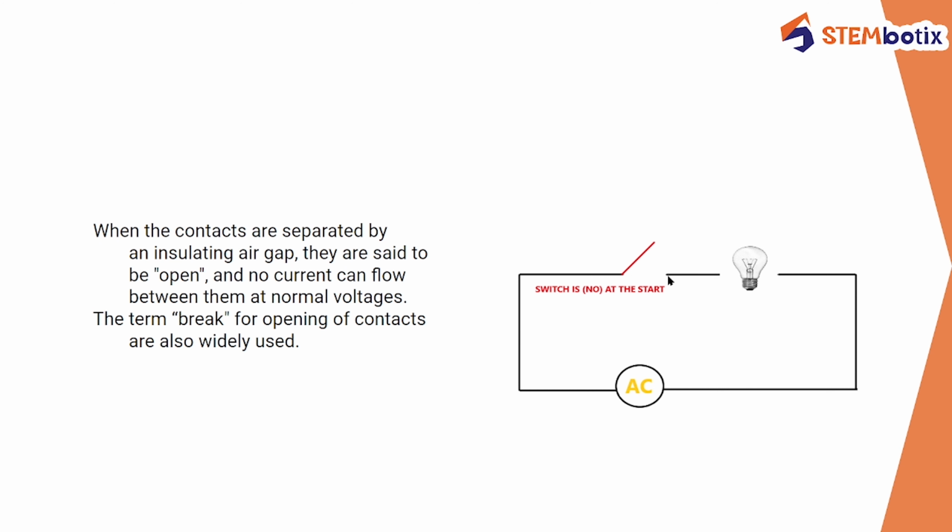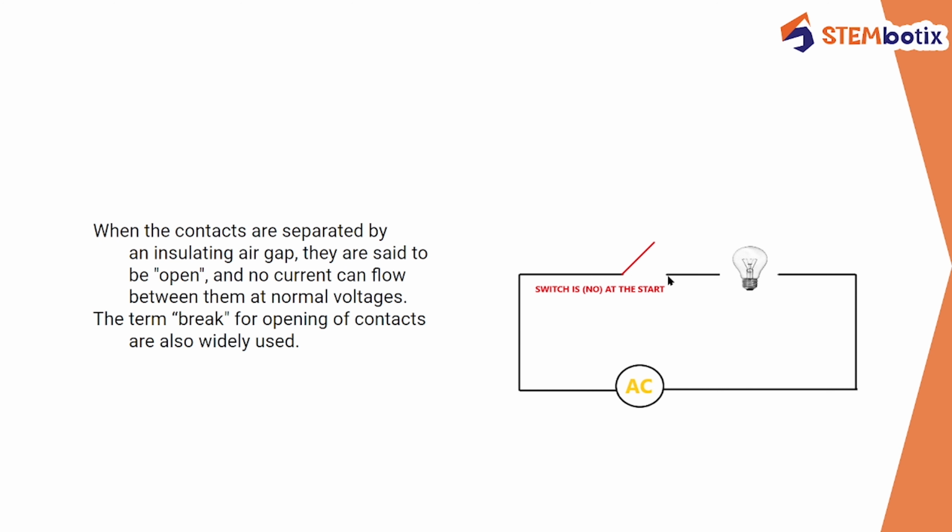So for example, this is just a switch contact, and at this particular time this mode is normally open, means there is an interruption of the conducting path, or there is an interruption of current flowing through the LED or your bulb. This is your bulb, this is your power source, and this is your switch.